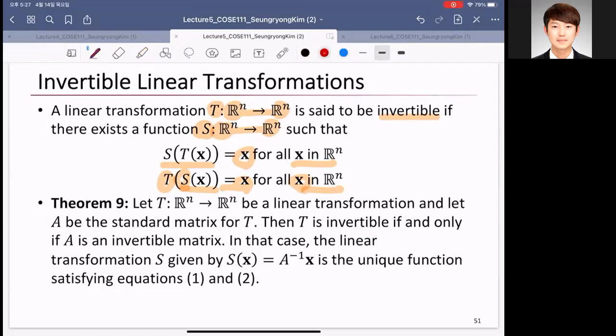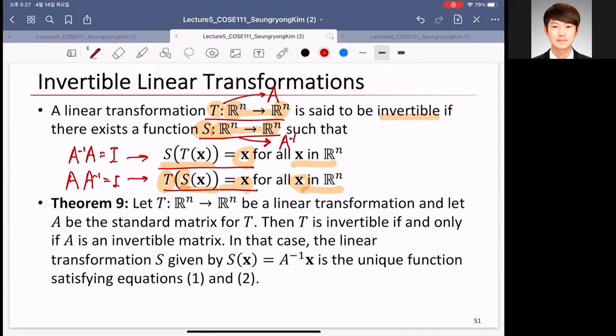We already know there is a standard matrix A for this, so maybe function S is going to be the inverse of matrix A. So we can easily say that A inverse times A is I, and A times A inverse is I. Then STX equals X and TSX equals X for every vector X in Rn. It's very straightforward.